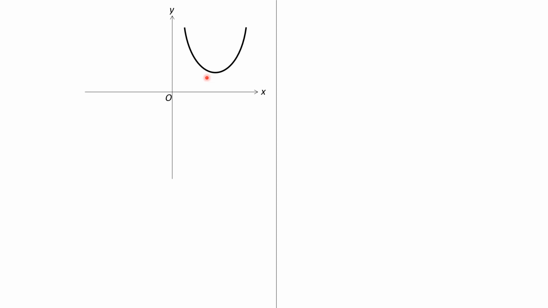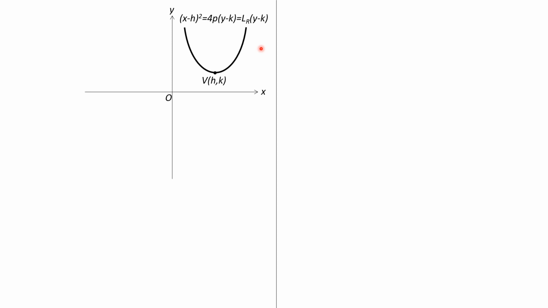So (x minus h) quantity squared equals 4p times (y minus k), or (x minus h) quantity squared equals latus rectum times (y minus k). That's the standard equation of a parabola. It's better to be familiar with this equation than the one with vertex at the origin, because if the vertex is at the origin, we set h and k to zero, and it goes back to the earlier standard equation.